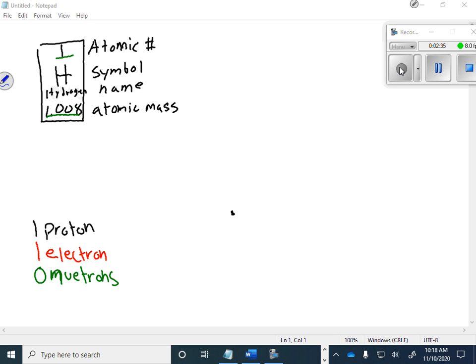Then there are no neutrons, and even though the middle is where the neutrons are at, we don't have any, so we wouldn't write any there. Okay, and then for electrons, we have 1 electron, so we just need 1 ring. And so we're going to make 1 ring, and we'll fill that in right there. And so that is a model of hydrogen.